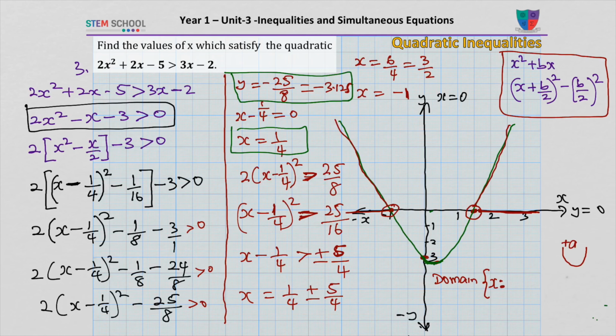We'd write the smallest first. The smallest is minus 1, so we say x is less than minus 1. And we close that, or, union is or.